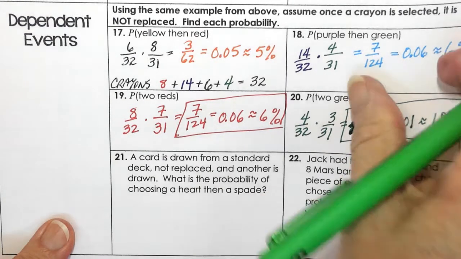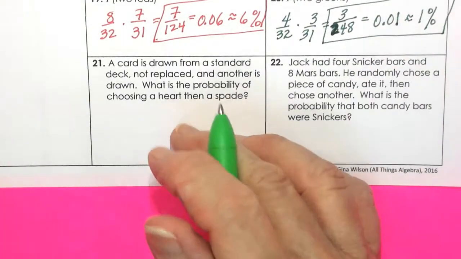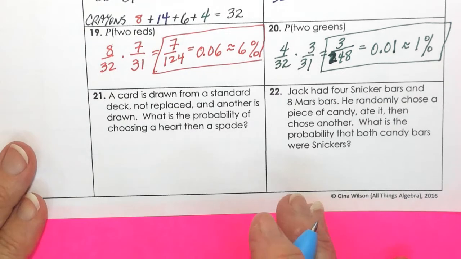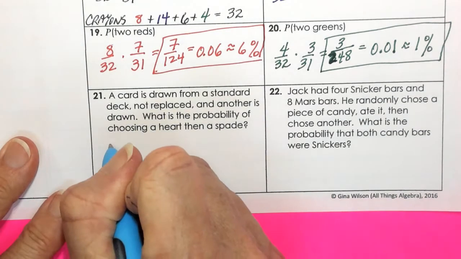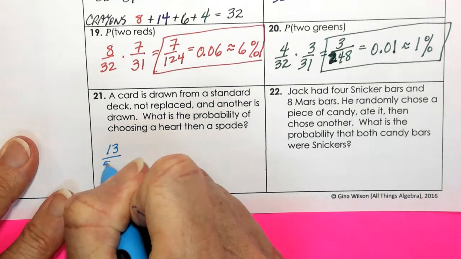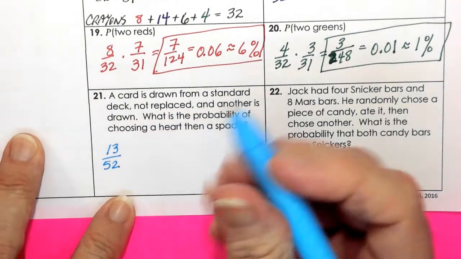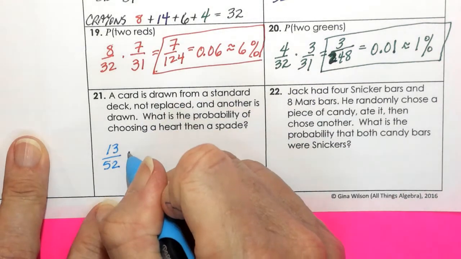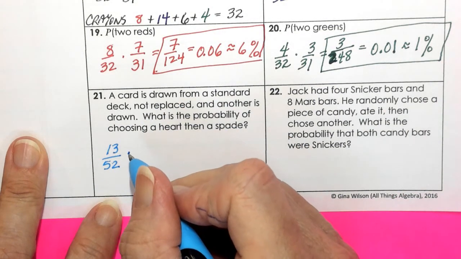Okay. Now we have a card being drawn from a standard deck and not replaced. And another is drawn. What is the probability of choosing a heart then a spade? So we have a 13 out of 52 chance of getting a heart because there's 13 cards in one suit. And now we want to be able to choose a spade.